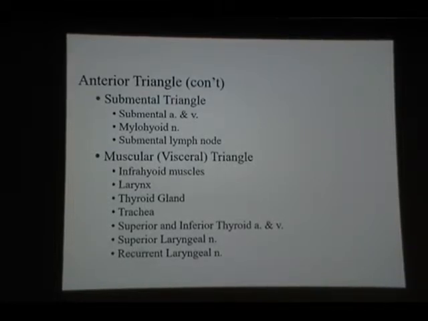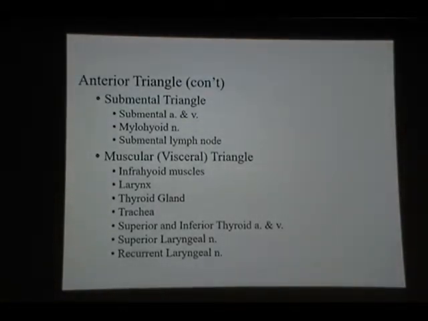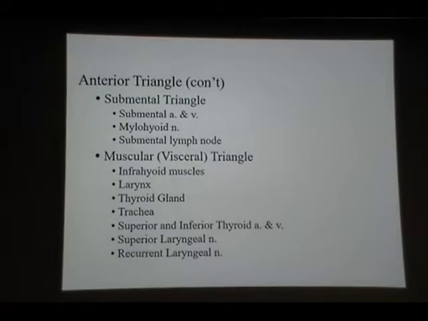Then there's a muscular triangle. Interestingly enough, if you look at it close, it's not a triangle. It's like a rhomboid, with four sides, none of them equal, but it comes close enough to being a triangle that they still look at it that way. It's called the visceral triangle. What kind of structures do you think are associated with this?